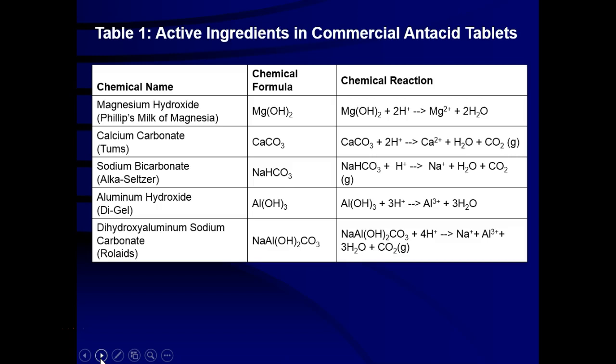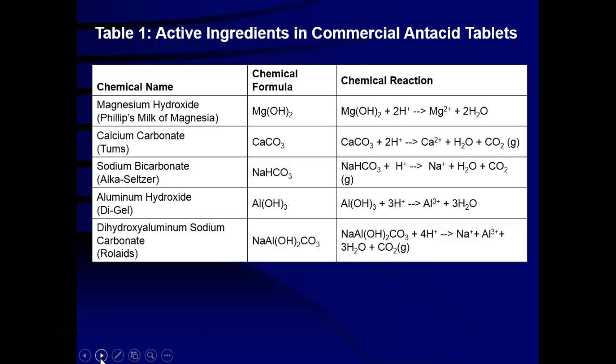You can see how it gets neutralized, and we end up with magnesium and some water. Now, my favorite is Tums, and Tums is basically calcium carbonate. What bonds to the hydrogen is the carbonate ion, and it produces water and CO2.